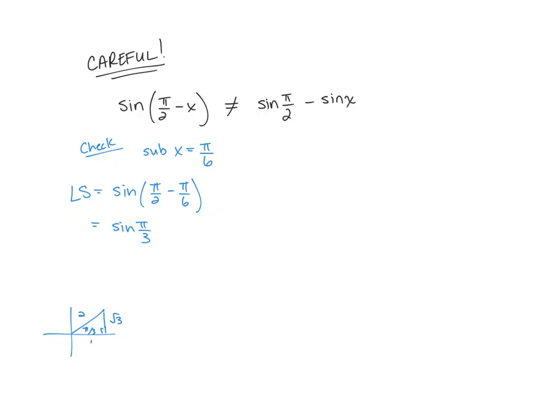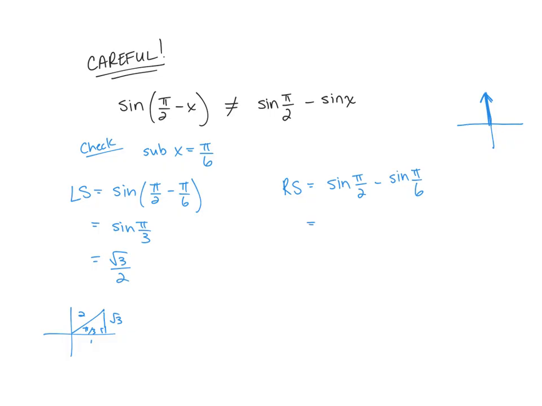So sine of pi by 3 is going to give me root 3 over 2. If I look at the right side, I have sine of pi by 2 minus sine of pi by 6. We know sine of pi by 2. Pi by 2 is on our vertical axis. Our vertical axis means our opposite side is 1.